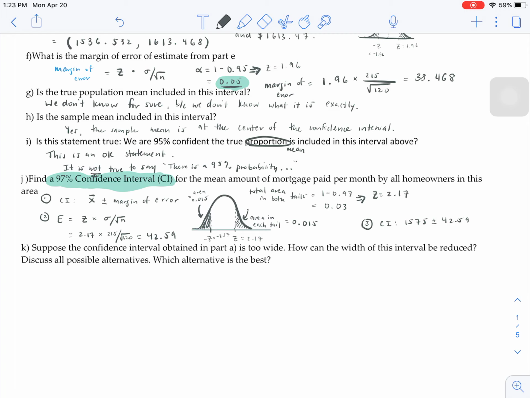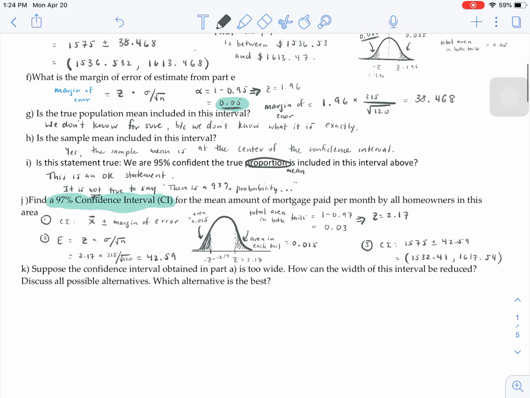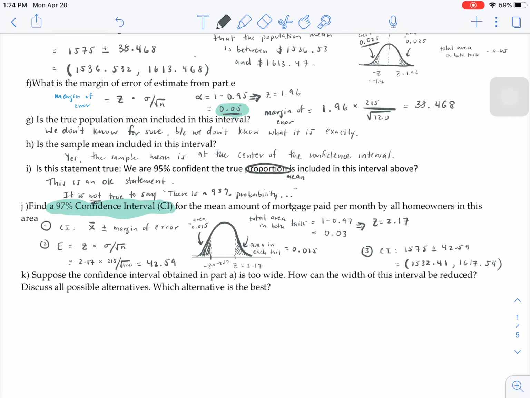Let me plug this into my calculator, and I get $1,532.41 and $1,617.59. So that tells me I'm 97% confident that the mean amount, that the average mortgage of all homeowners in this area is between $1,532 and $1,617.